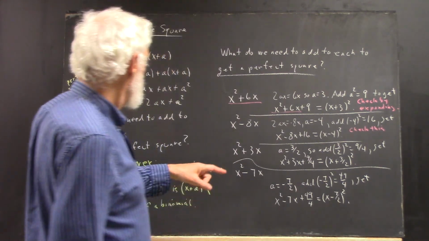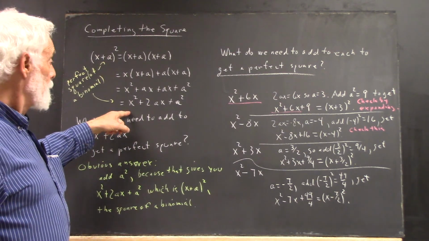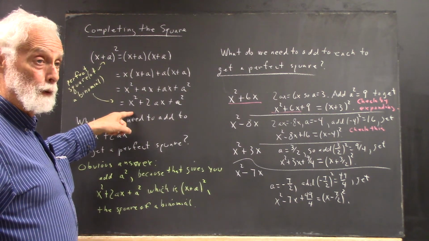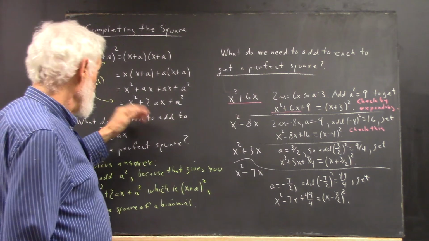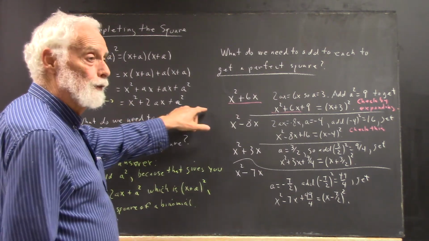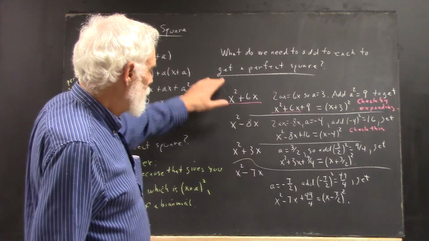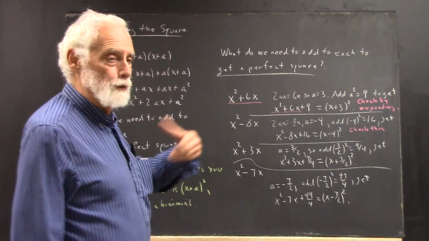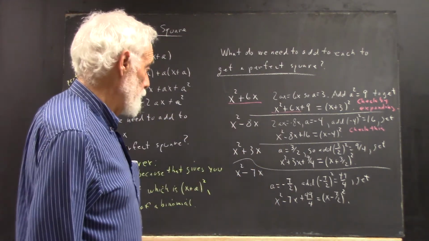Notice that this only works if the coefficient of x squared is 1. So the only complication is what happens when the coefficient of x squared isn't 1. Well, the answer is you factor out that coefficient and then you complete the square on the rest. We'll see that. But if you understand this much, you certainly need to understand what you do, but keep thinking about why you're doing this.